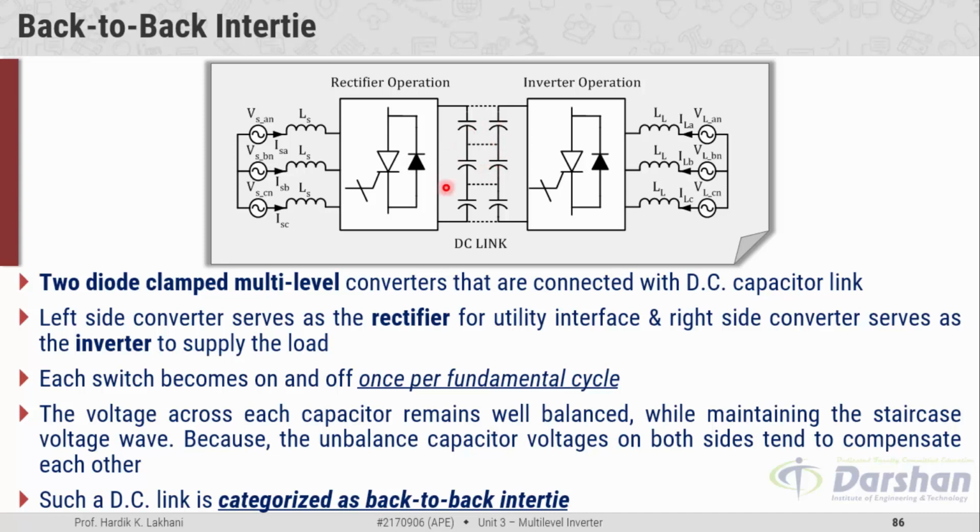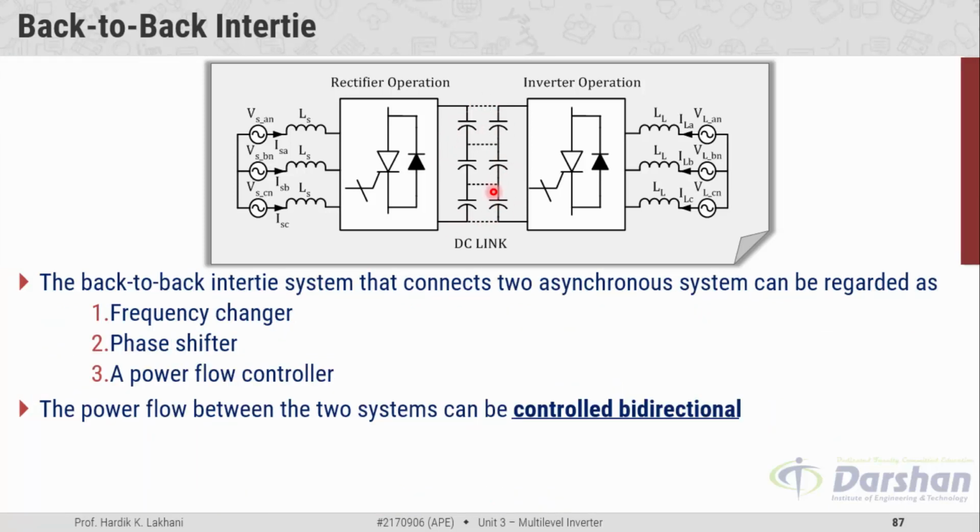Such a DC link is categorized as back-to-back intertie. So the back-to-back intertie system that connects two asynchronous systems can be regarded as a frequency changer, phase shifter, and power flow controller. The power flow between the two systems can be controlled bidirectionally.